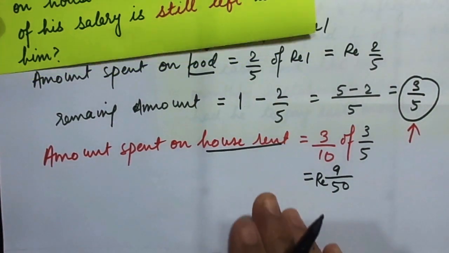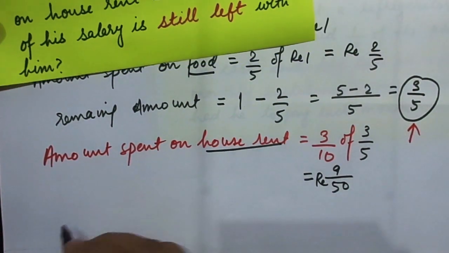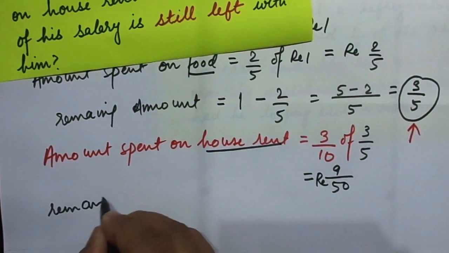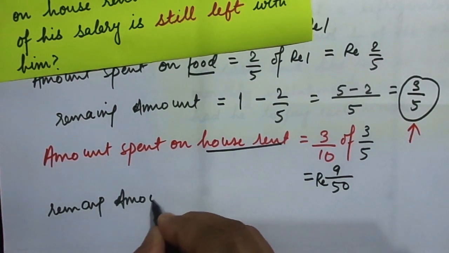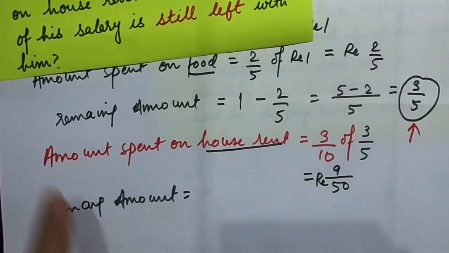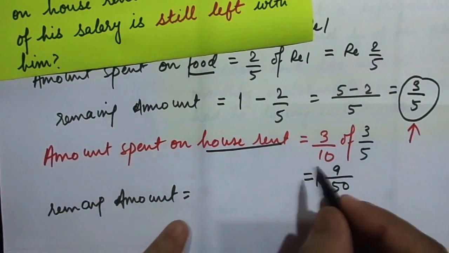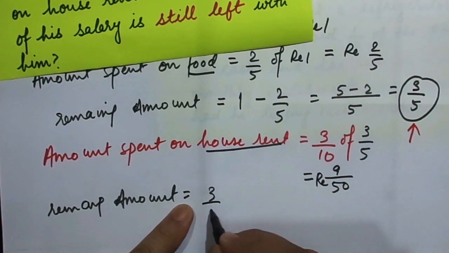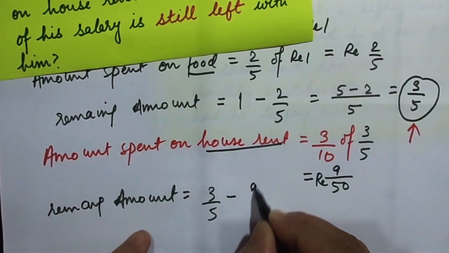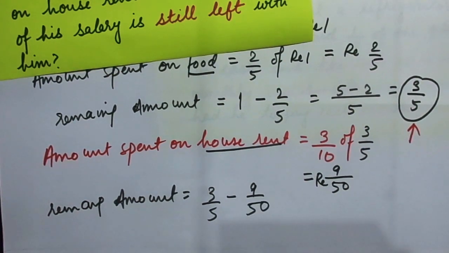Now the remaining amount is equal to how much? Remaining amount will be equal to 3 by 5 minus 9 by 50.